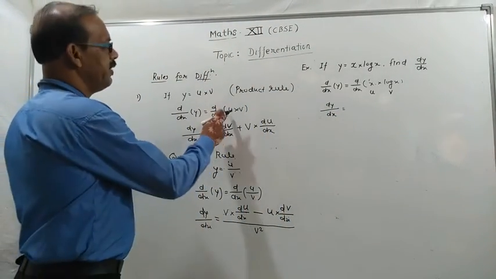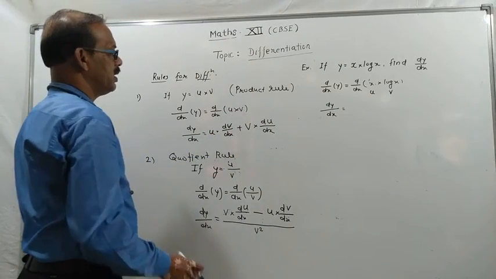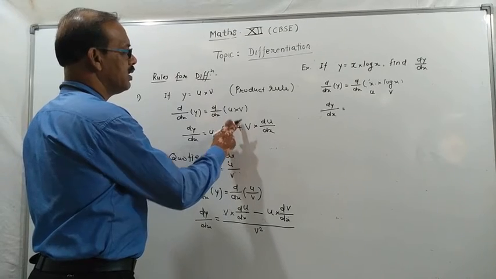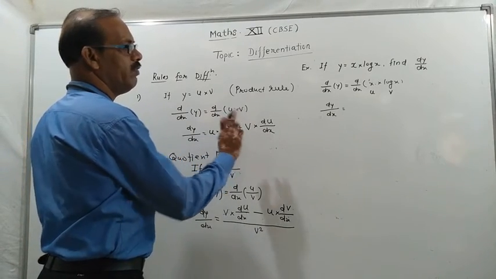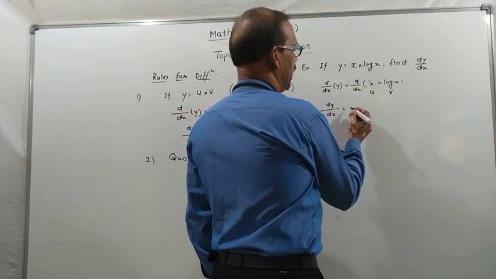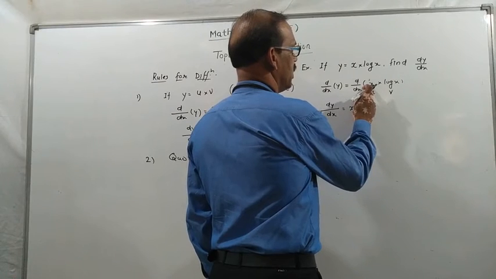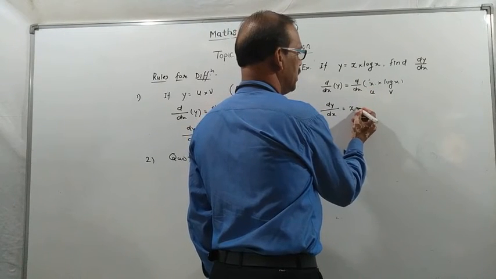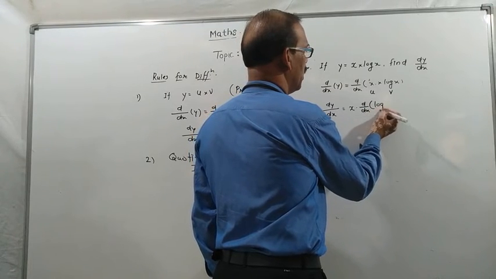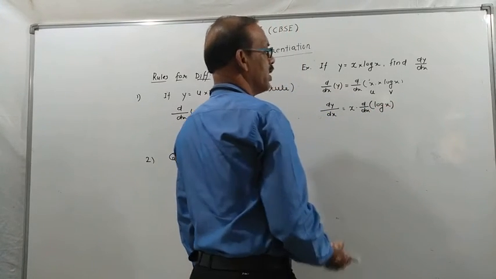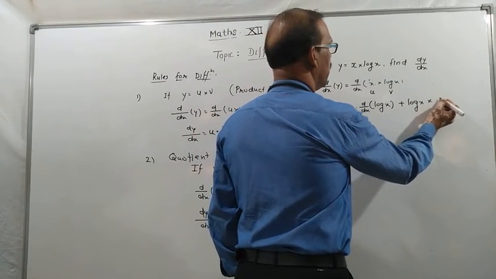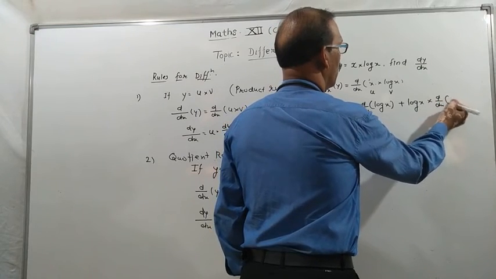We know the derivative of u into v can be expressed as first as it is into derivative of second plus second as it is into derivative of first. In the same way, we can express the first term, that is x as it is into derivative of the second function, plus the second function as it is into derivative of the first function.